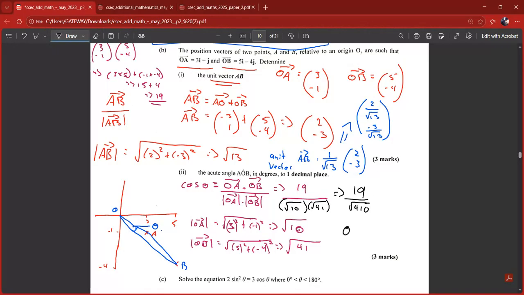So theta is equal to cos inverse of 19 divided by the square root of 410. I'm getting 20.2 degrees.